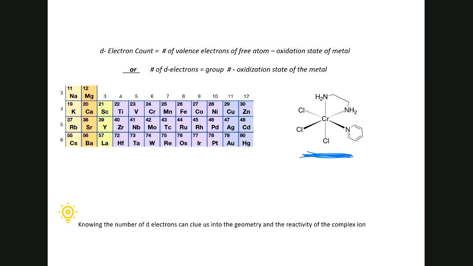So let's go through it again. All right, so let's go back over the oxidation state for this chromium system. Again, the charge of the complex is going to be equal to the oxidation state of the metal plus the charge of the ligands.